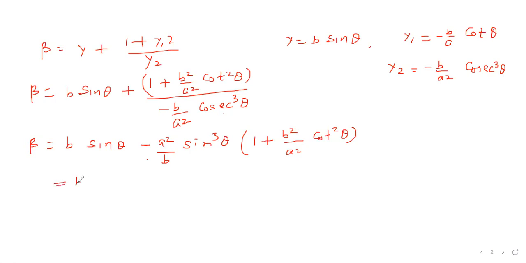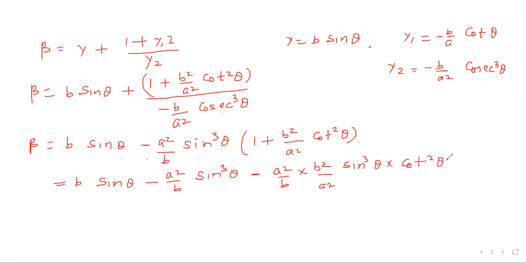It will be simple. So b sine theta minus, we multiply this term. So a square upon b sine cube theta minus a square upon b times b square upon a square times sine cube theta times cot square theta. Now we simplify it. So it will become b sine theta minus a square upon b sine cube theta minus, 1/b will cancel out, a square will cancel out, and this is cos square upon sine square, one sine will cancel out.